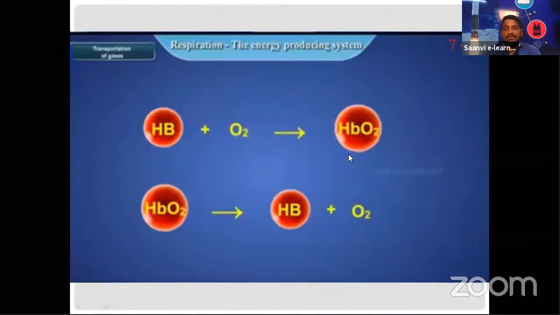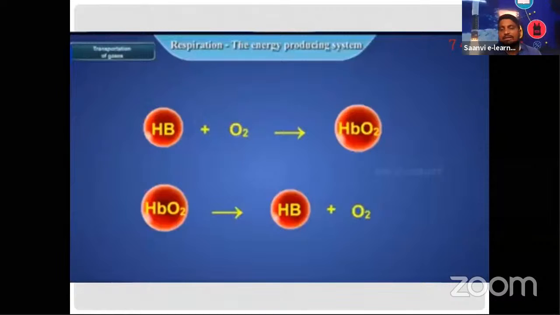Then next, look at the screen, all of you. As I have told you just now, when oxygen diffuses from the alveoli of the lungs to the blood capillaries, that is, to the blood, hemoglobin rapidly combines with oxygen.